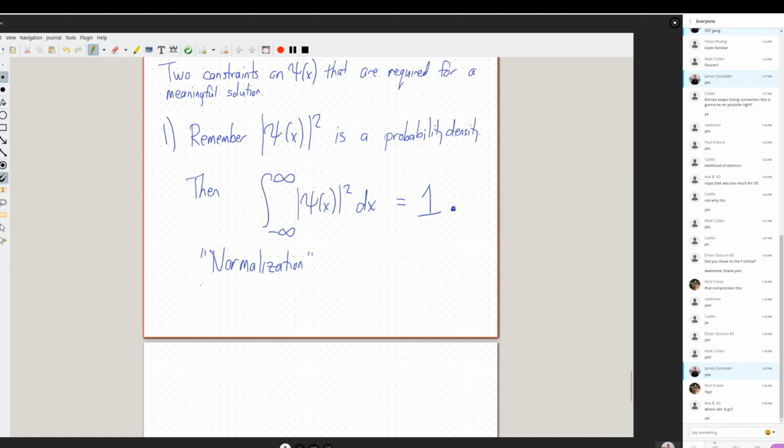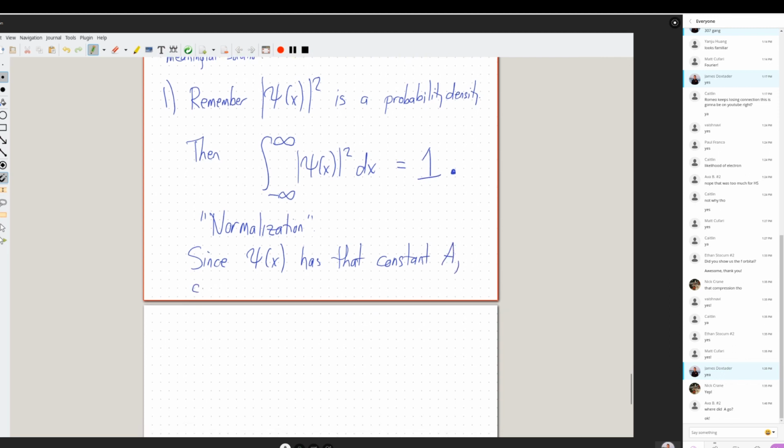And since psi of x has that constant a in it, choose a so that this is true.